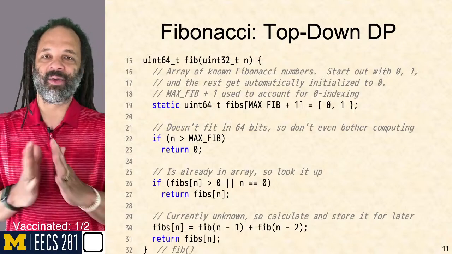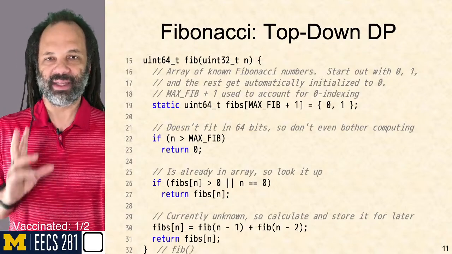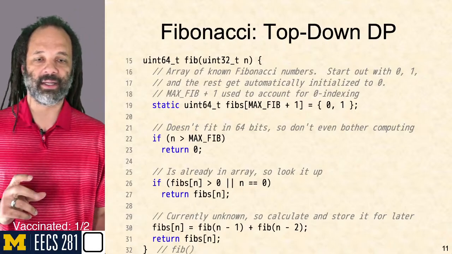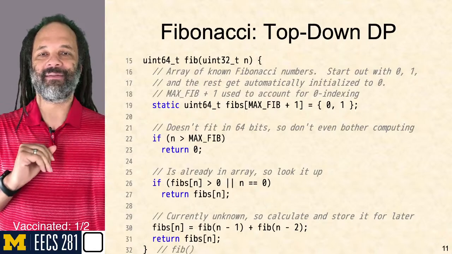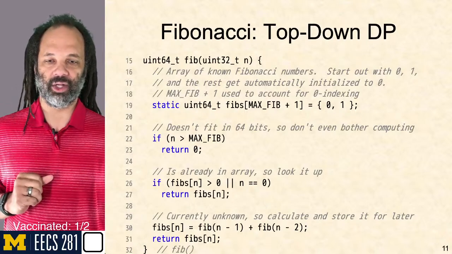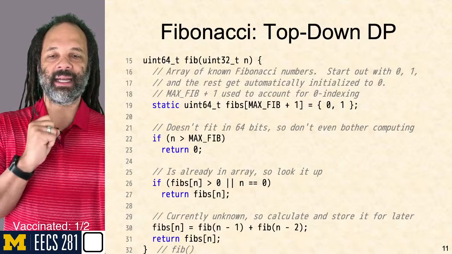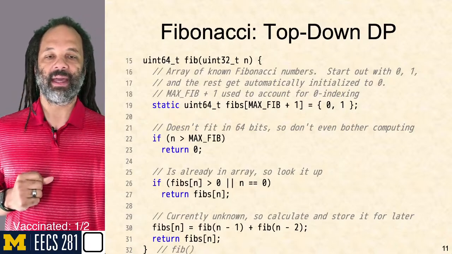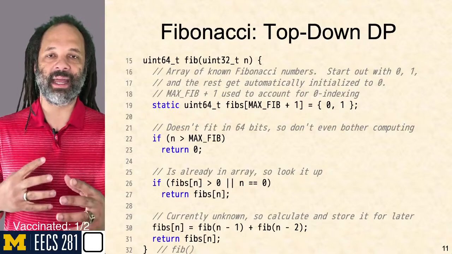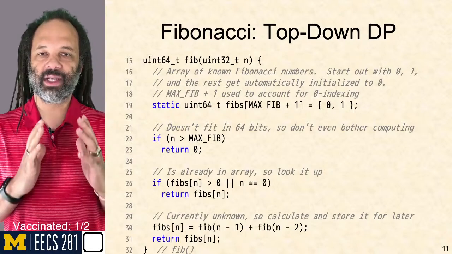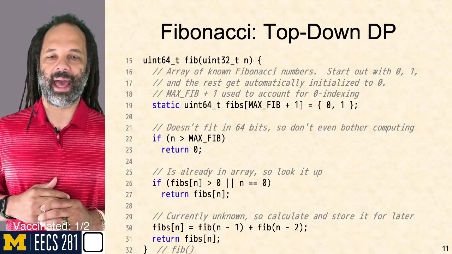And then all the rest of them get initialized to 0. That's important about the C++ syntax here. So 0, 1, and then implying the rest of them means give them a zero-based initialization. So after line 19, the first time I call fib, it's got 0, 1, and a bunch of zeros in it. Every time I come back to it again, it does not reinitialize it. It just keeps it as what it had.